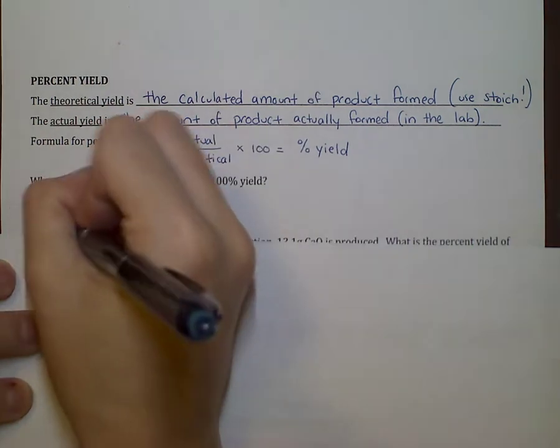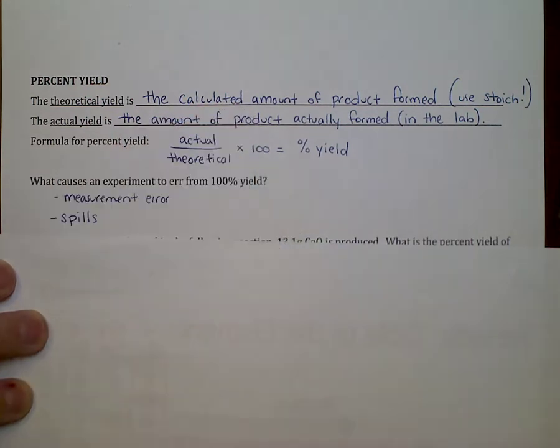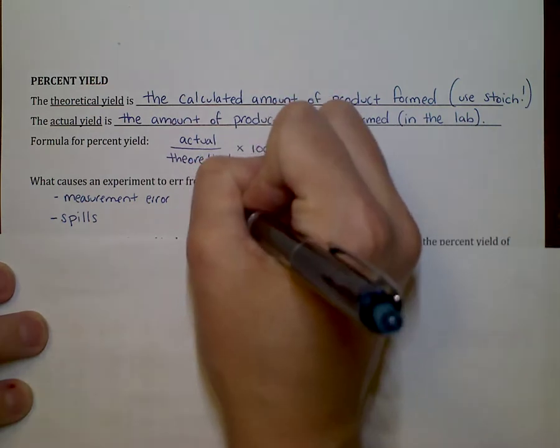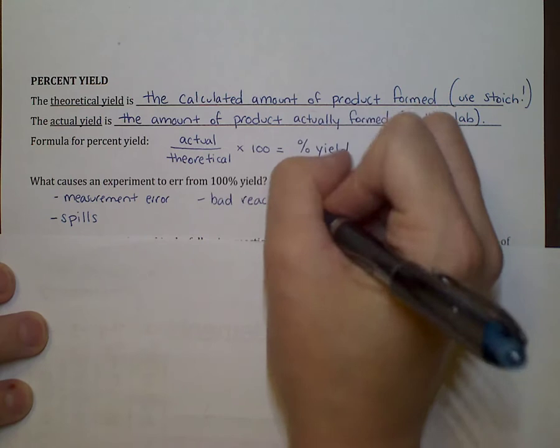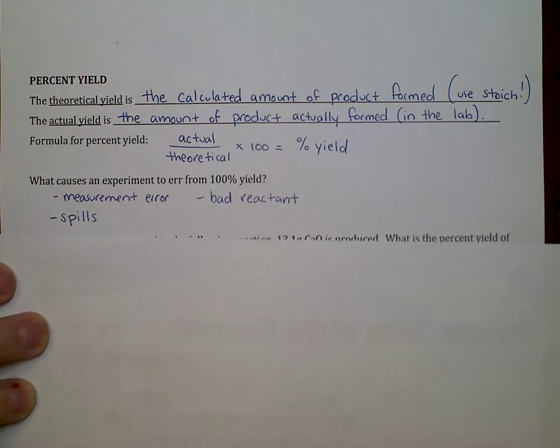You can also spill stuff in the lab. If you're transferring from one vessel to another, that can oftentimes result in percent yield errors. You could also have contaminated reactants, or bad reactants. A lot of old reactants that have been sitting on store shelves for a long time have absorbed water, and that water will throw off their masses.